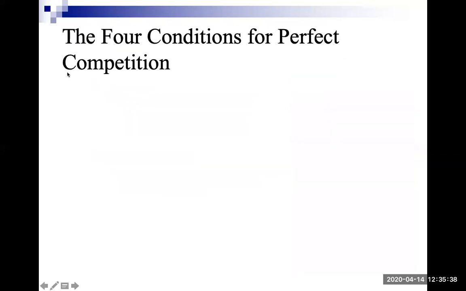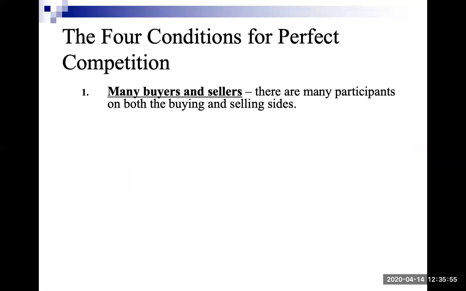Now, when you talk about a perfect competition, this is where you would say that the market is at equilibrium. And if we want to, as economists, go in and judge to see if there's perfect competition or ways that we can push it to perfect competition, we would look at things like many buyers and sellers. There's many people on both ends.